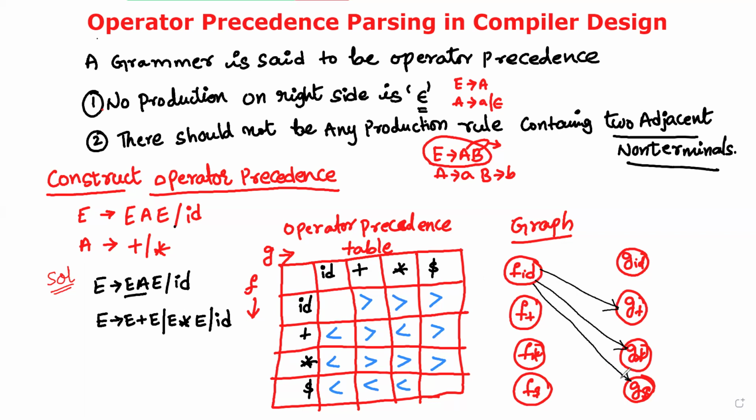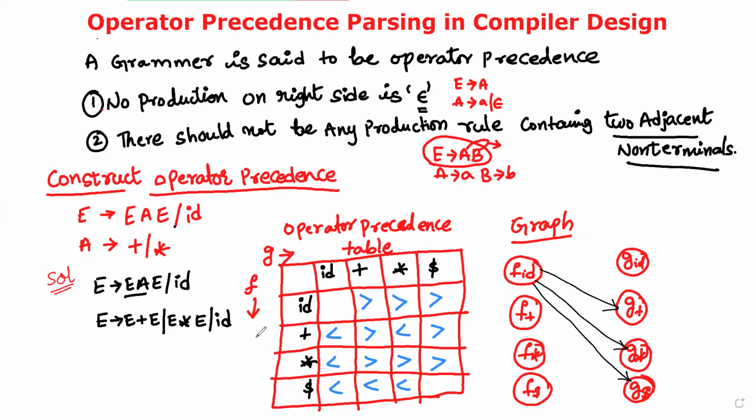Okay friends, remember one interesting thing: when you get the greater than symbol, you should give an arrow mark to g. When you get the less than symbol, you should give the arrow to f.